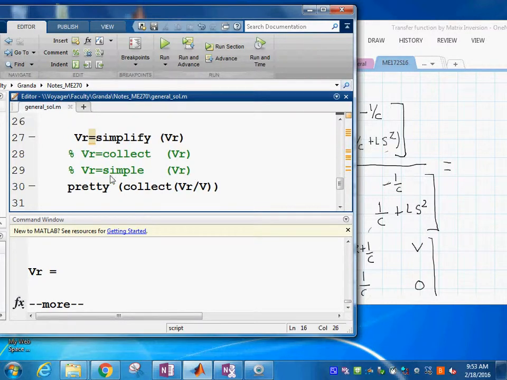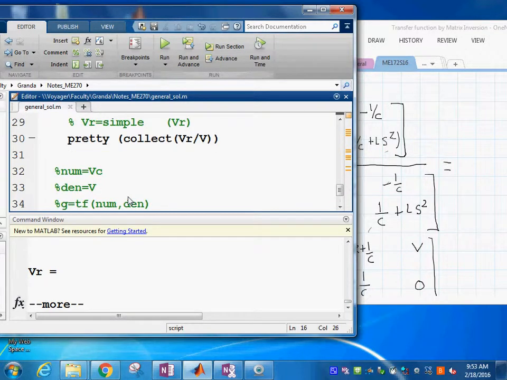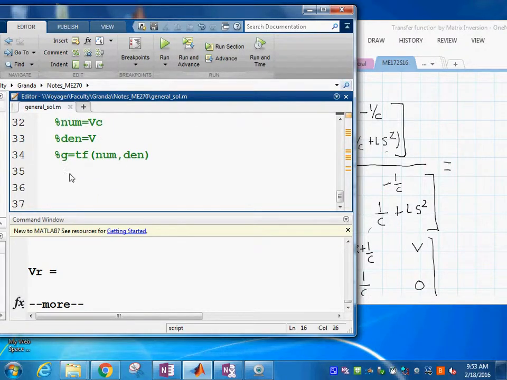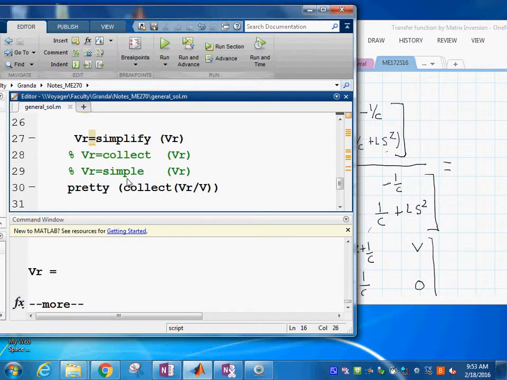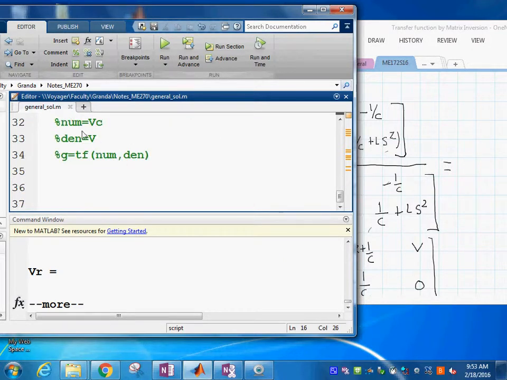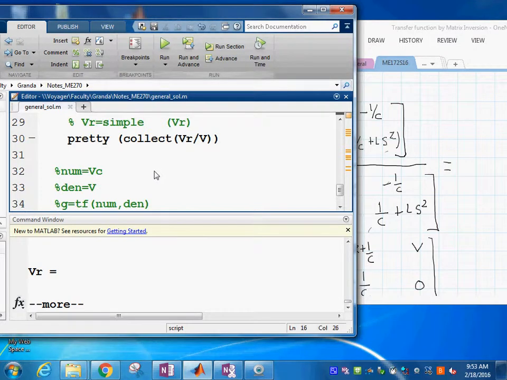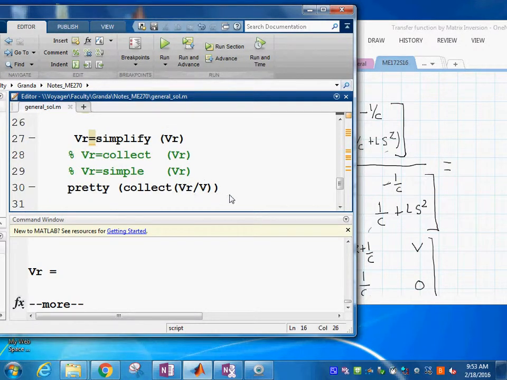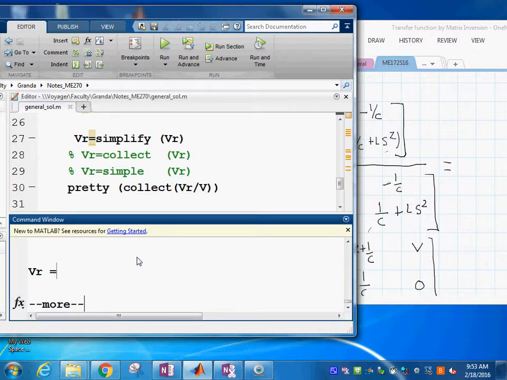Right, where is it? Yeah, here, V sub C. This is the transfer function, put in a pretty form. This is what we see. And the other transfer function is this one.